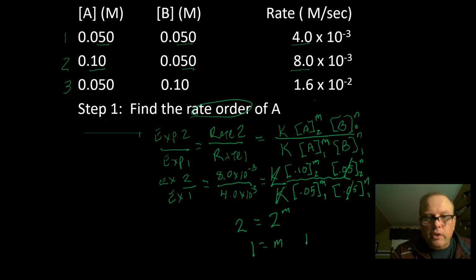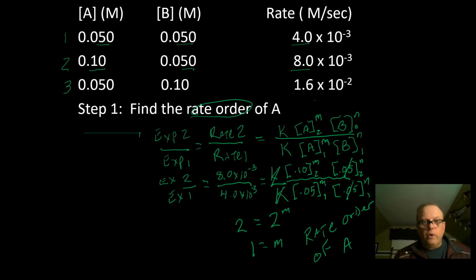And this is the rate order of substance A. So we figured out the rate order of substance A, and we know that it is 1.